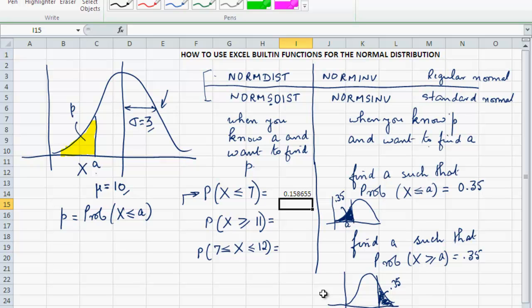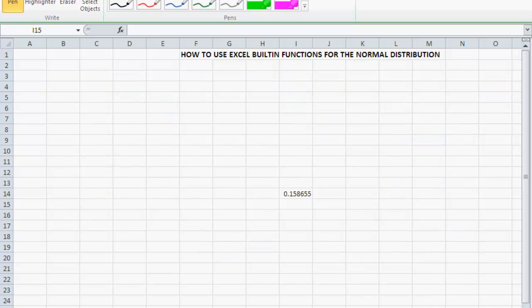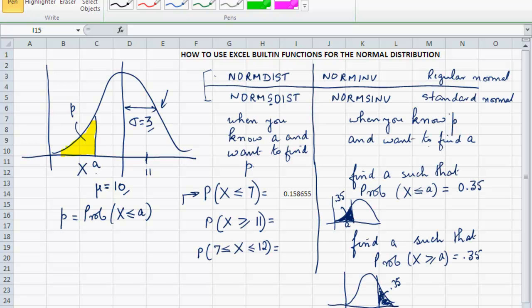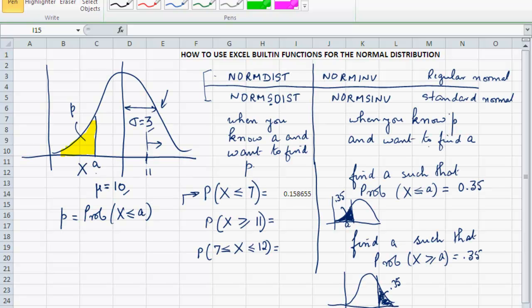Now, what is the probability of x being greater than 11? So here is 11. So obviously the probability of x being greater than or equal to 11 is the area to the right of 11. The area under the normal distribution to the right of 11. Unfortunately, the built-in function does not give that number to you directly.